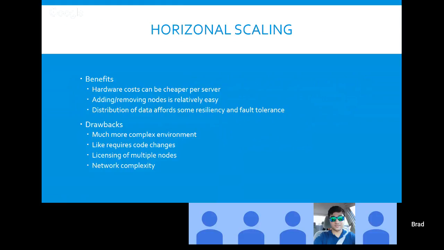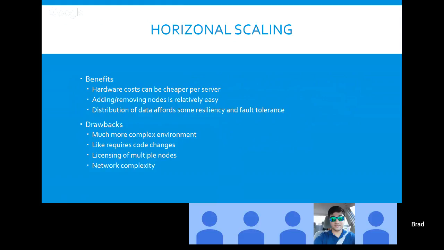There are some drawbacks. It's a much more complex environment. It gets tricky when you try to spread the load across, or partition the load across, different servers or instances. There's probably going to be some code changes or some middleware intelligence that routes the data, some data dependent routing, and also again licensing from a different perspective.